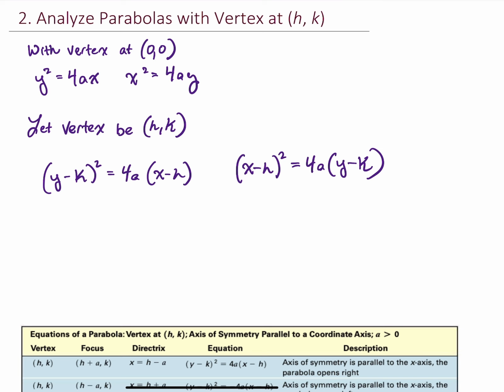So now we'll be able to visually see where the vertex will be. And we'll see the same thing as with the equation of the circle, where if something is positive in here, it would show up as negative in the vertex due to this minus. And if it's negative, it'll be positive. We'll see some examples.